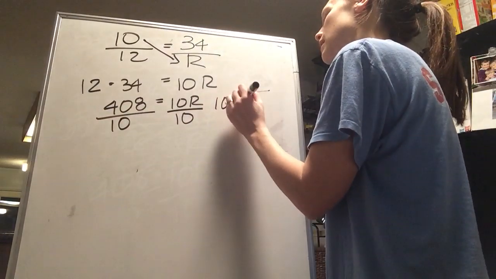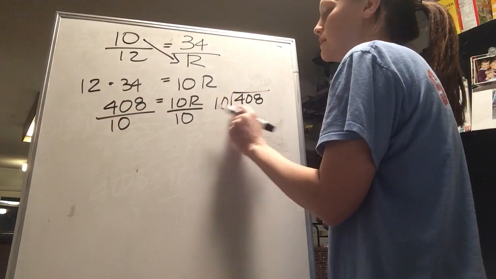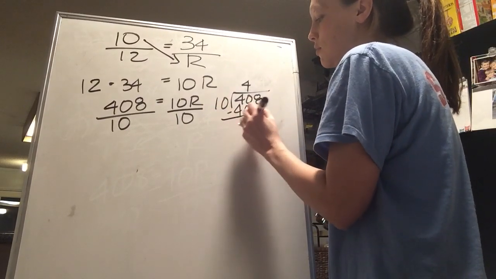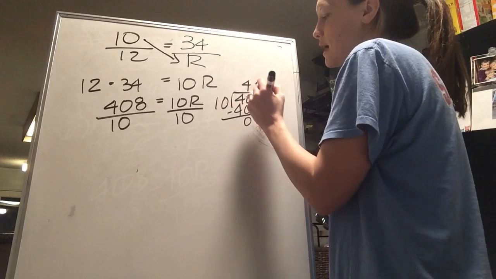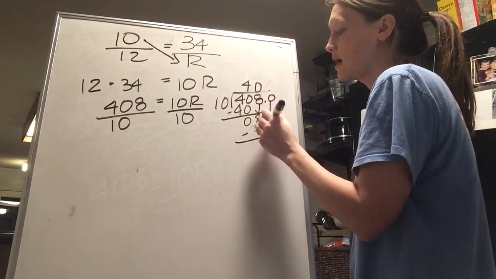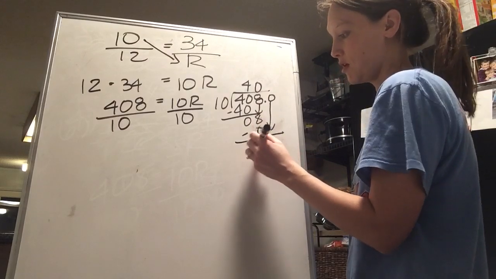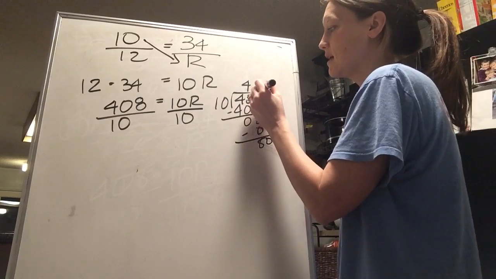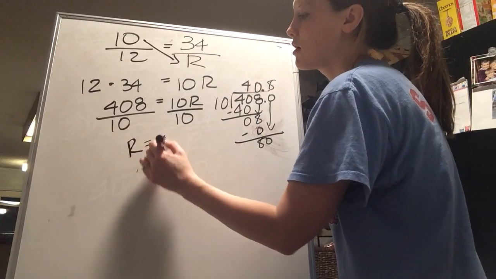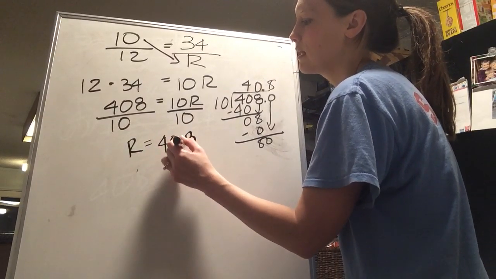So 408 divided by 10. 10 goes into 40 4 times evenly. You bring down the 8. 10 does not go into 8 at all. Put a decimal, add a 0. Bring that down. 10 goes into 80 evenly 8 times. So 40.8. So r is equal to 40.8.